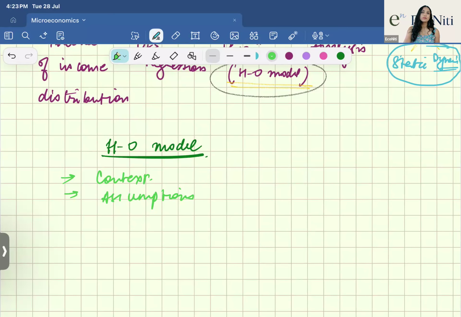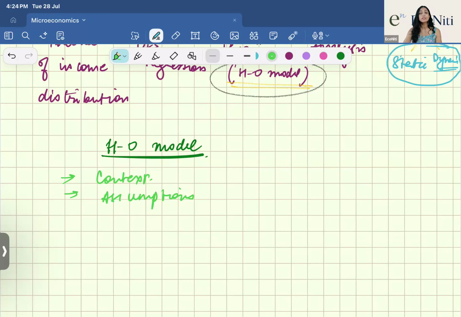Whenever you are doing the assumptions, many times it is difficult to remember. One thing that you should keep in mind is that you have to think about what the theory is trying to do. The Heckscher-Ohlin model is trying to isolate the effect of different factor endowments on the trade pattern, or on the export import pattern of a country, or a pair of countries. So when you have to isolate this, only see its effect, then all the assumptions are designed in such a way that only this difference exists between two countries, and everything else is the same.